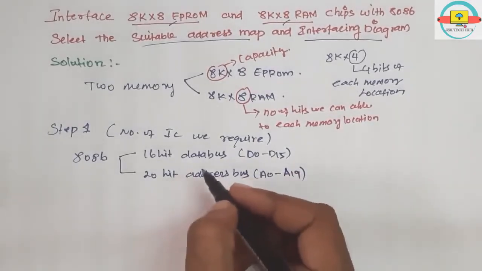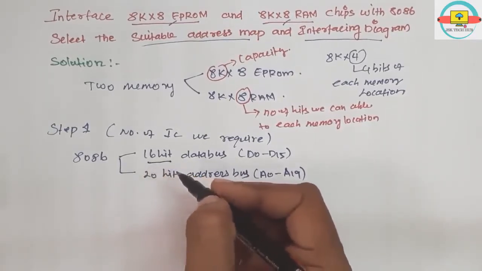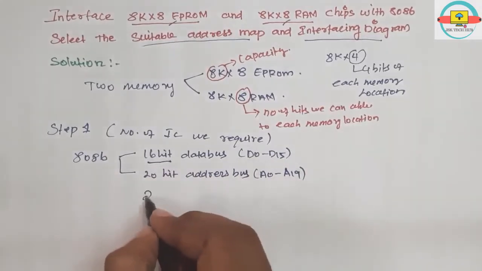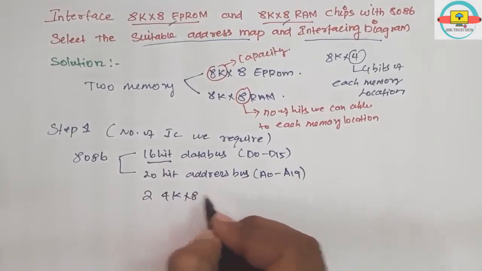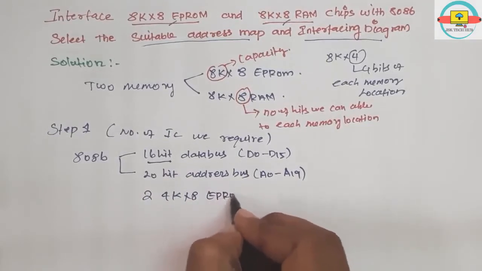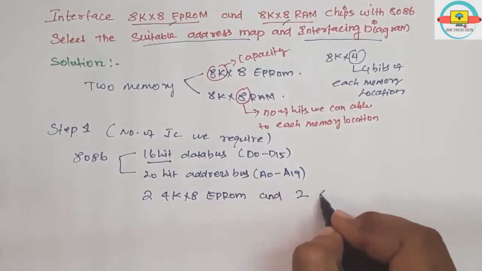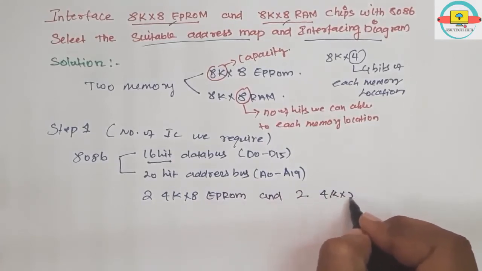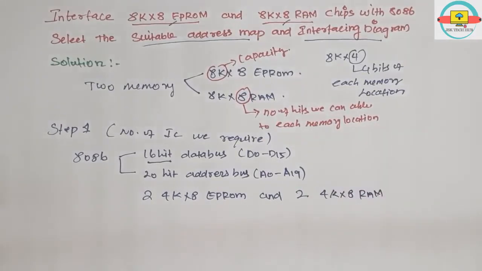So we need to process this 16-bit data simultaneously. We need two 4K into 8 EEPROM and two 4K into 8 RAM chips for simultaneously accessing the 16-bit data from microprocessor to memory.